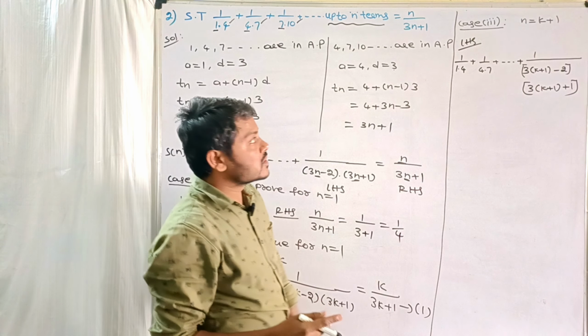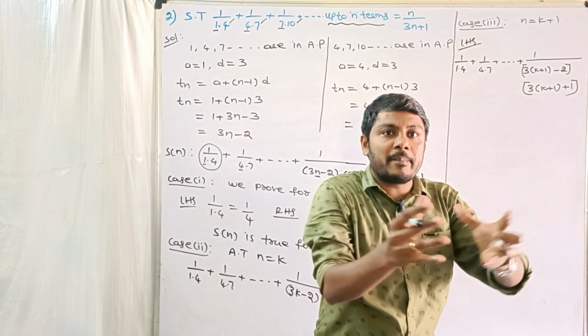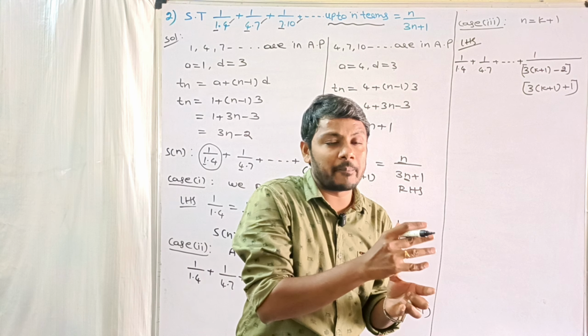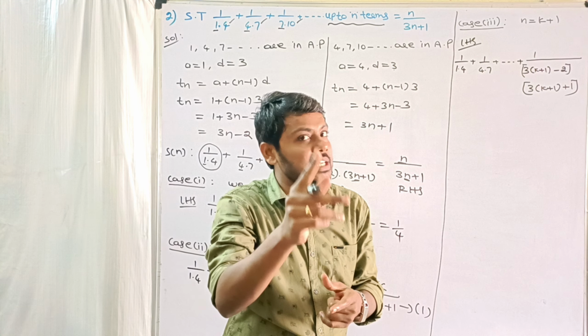Okay, so clearly these are up to k plus 1 terms. Up to k plus 1 terms we write as up to k terms plus the (k plus 1)th term.